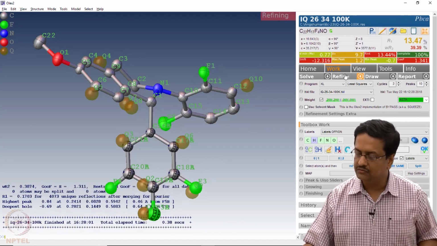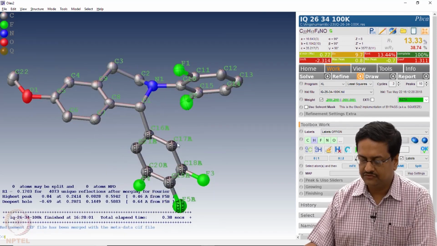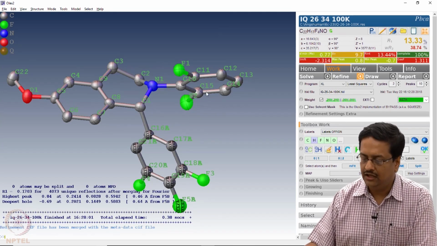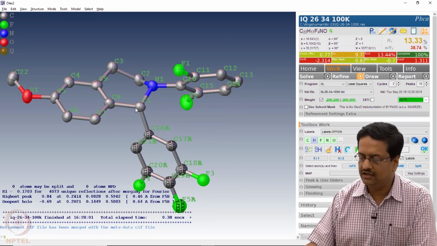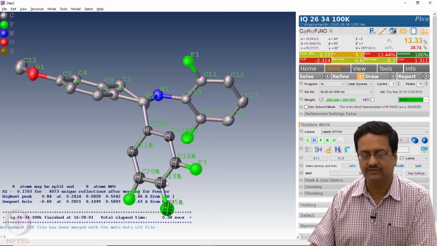What we see now is that the atoms which are having EADP and EXYZ commands are having those symbols embedded in those atoms, and the atoms which are refined generally are not having any information of EADP or EXYZ.